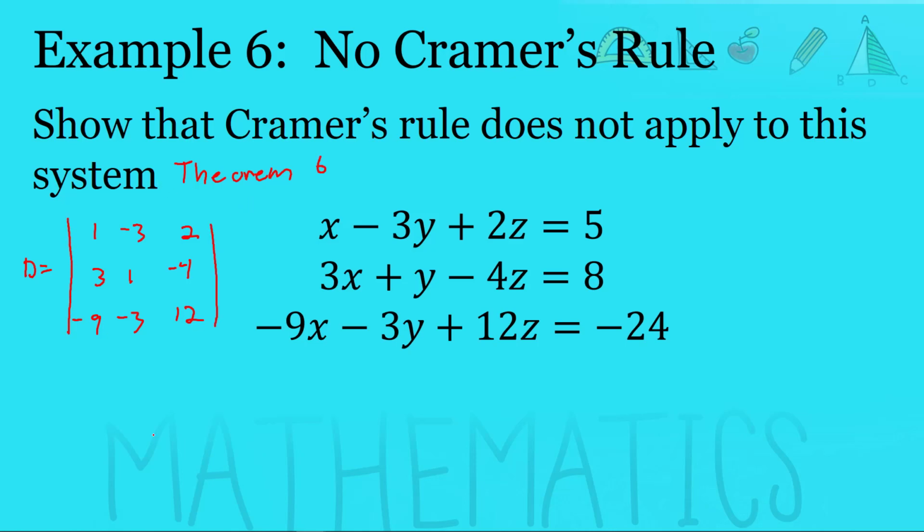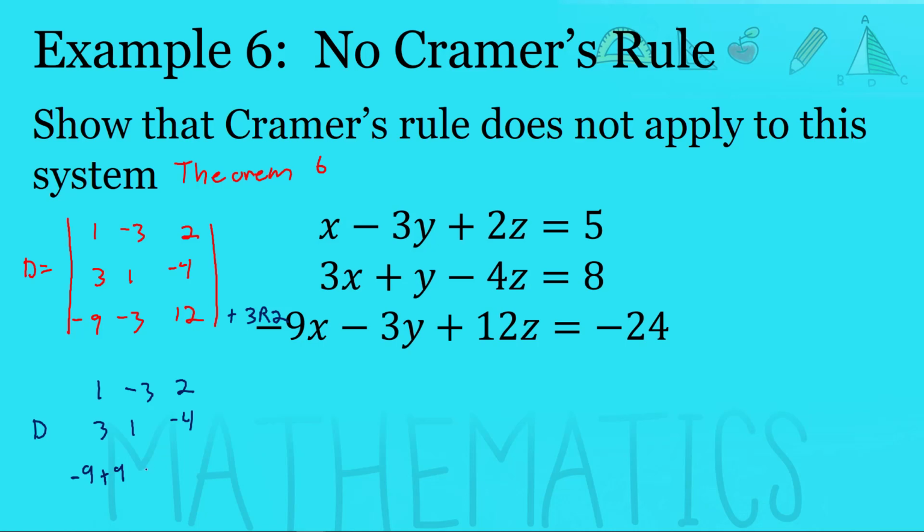Now using Theorem 6, I can revise row 3 by adding 3 times row 2 to it. We can do that, and that will not change the value of the determinant. So I'm going to add 3 times row 2. The first two rows are going to be the same: 1, -3, 2, 3, 1, -4. And then for this one, we're going to have -9 plus 3 times 3, that'll be -9 plus 9.